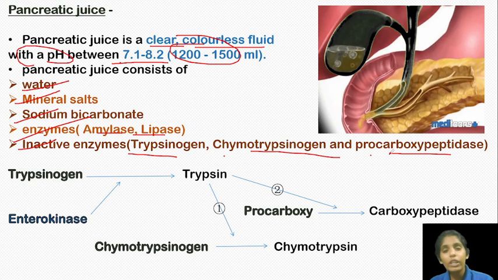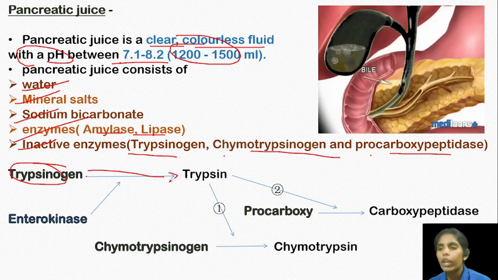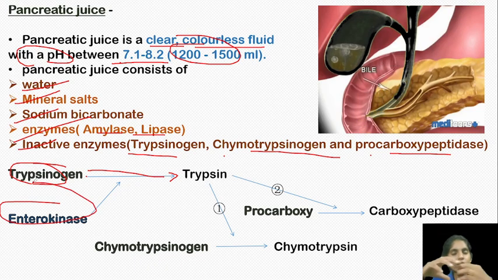So this pancreatic juice is a highly alkaline fluid. Why is it alkaline? It is because of the presence of sodium bicarbonate, which is a basic compound. Now, trypsinogen is an inactive enzyme. When the pancreatic juice is secreted into the small intestine, the cells of the small intestine secrete an enzyme called enterokinase.